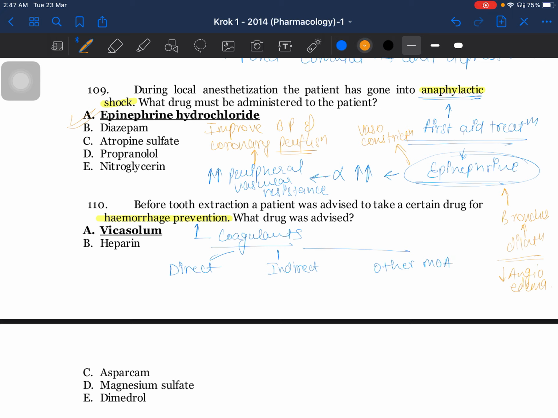Now, the direct acting drugs are active in vivo and in vitro, whereas indirect ones are active only in vivo. Okay. Under the direct acting, we have drugs such as thrombin, fibrinogen.